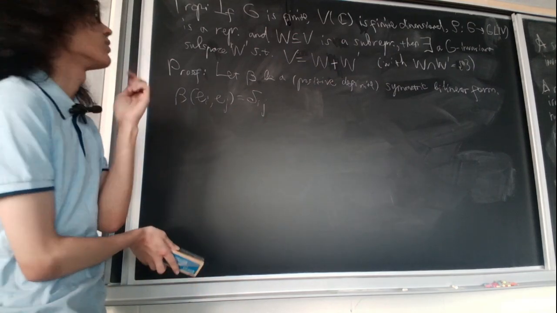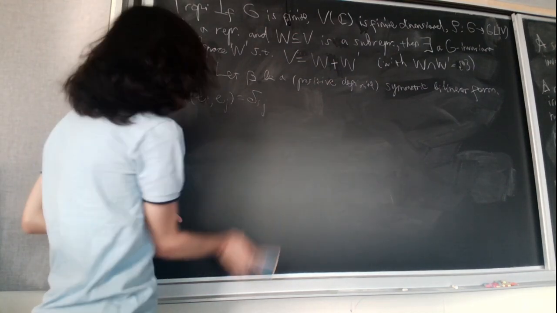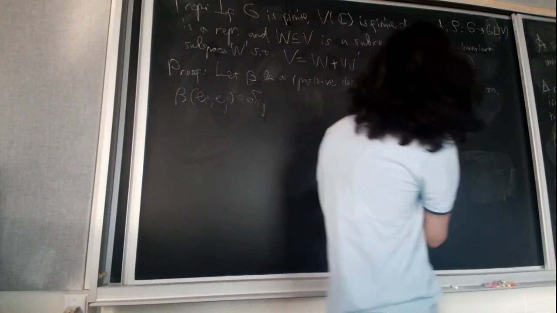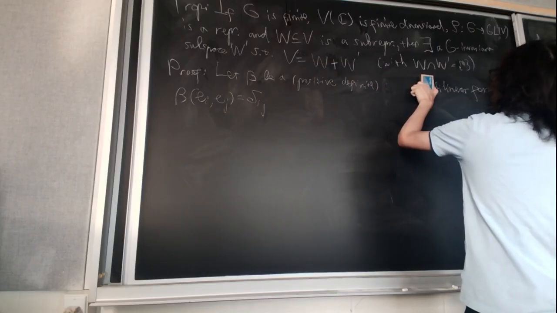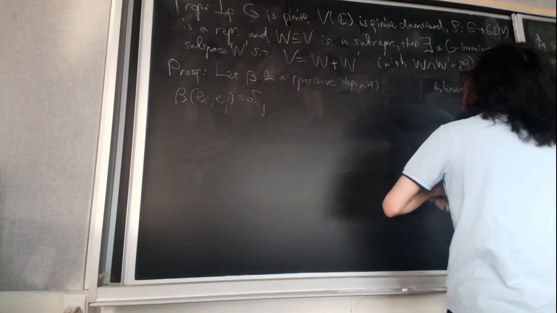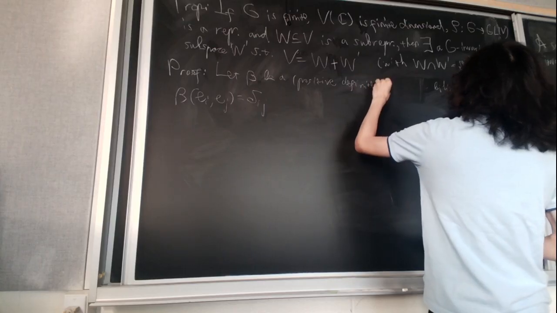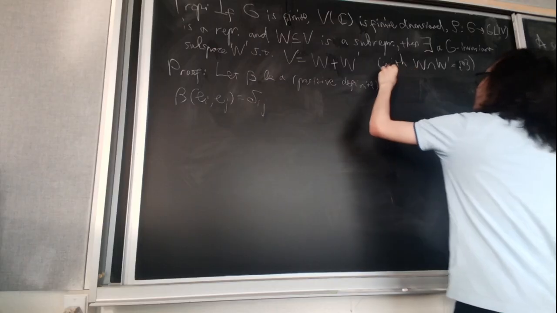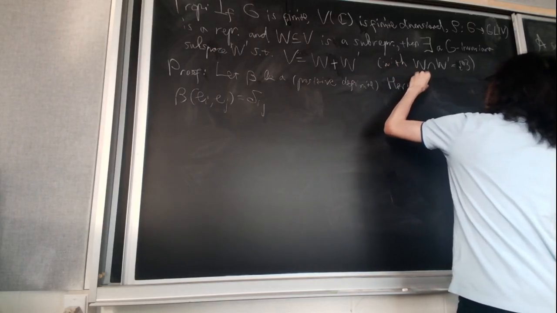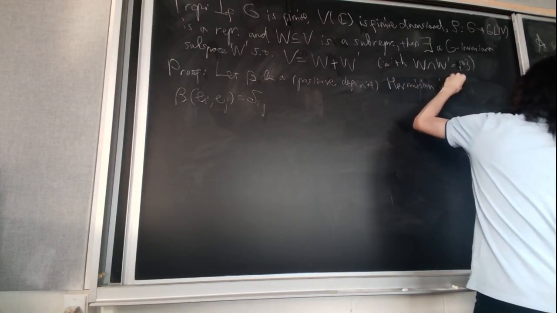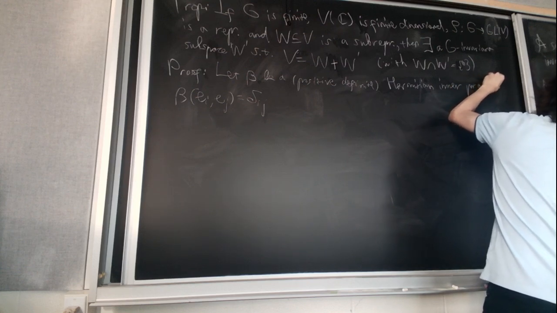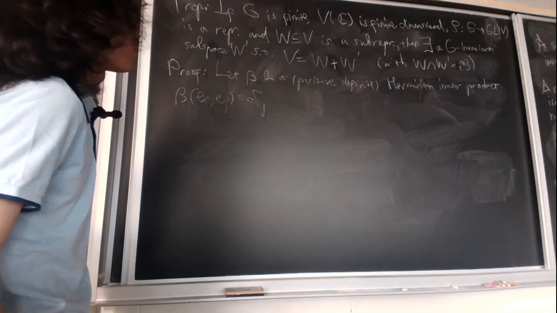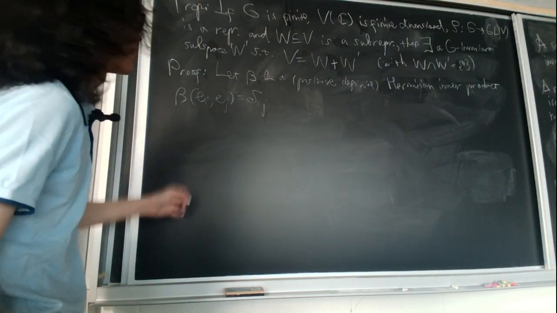Okay, yeah, beta of v, v is not negative. I'll just use what they say, which is Hermitian inner product. But the point is, you can just pick a basis, say that it's orthonormal, and then that gives you what you want.